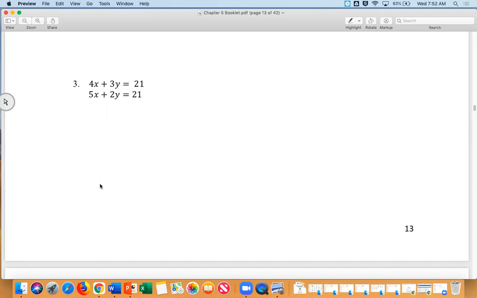So Neve chose in number 3 the x's. She said, let's multiply the top equation by 5. And that gives me 20x plus 15y equaling 105.